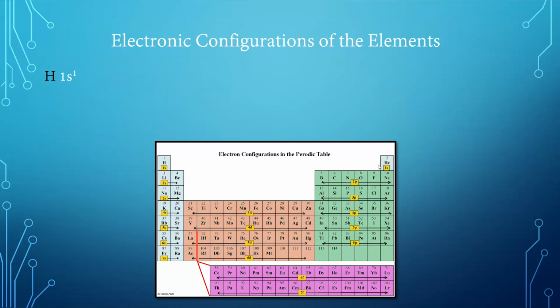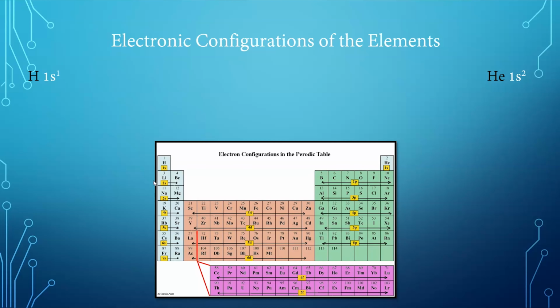The only thing they knew is that elements had particular properties, and it would make no sense to put helium over here. But even though helium is sitting on top of the p block, it's really part of the s subshell. So helium's electronic configuration will be 1s2. It has 2 electrons in the s block of energy level number 1.